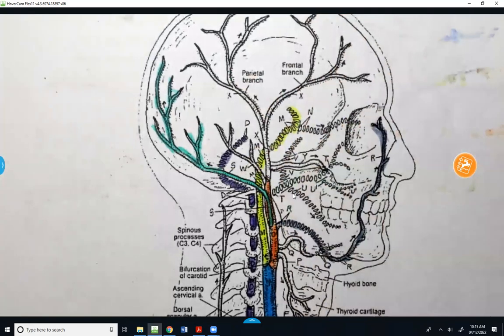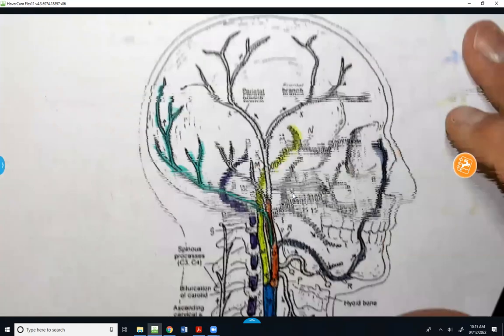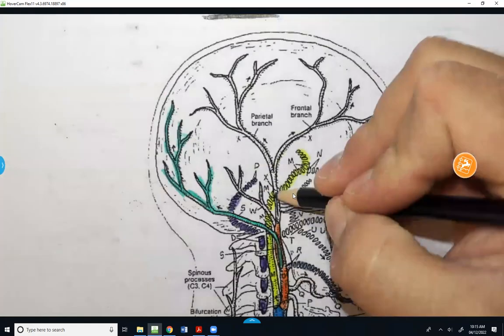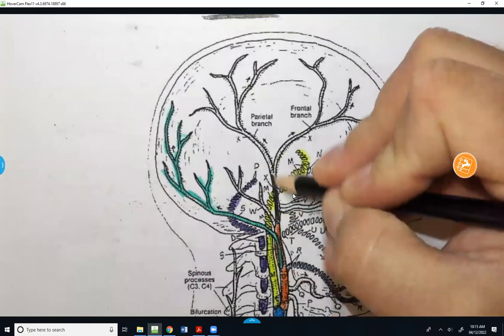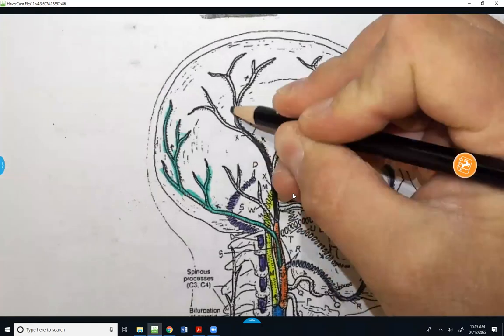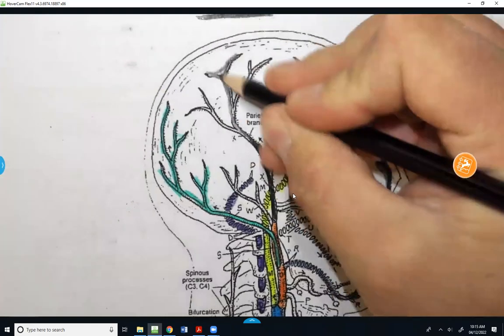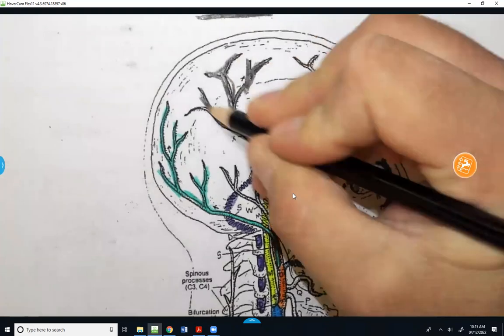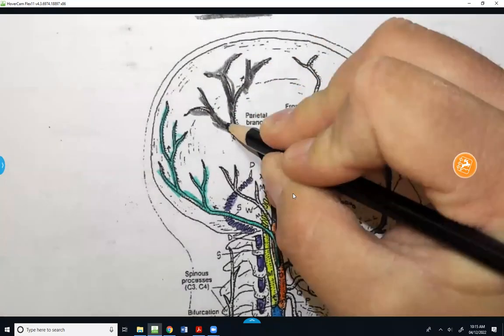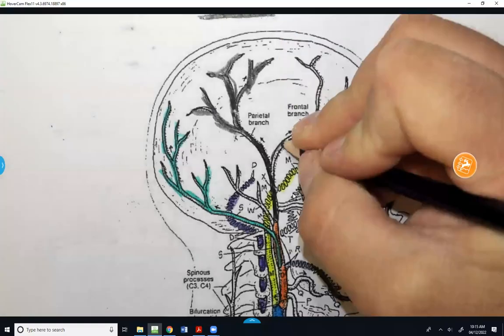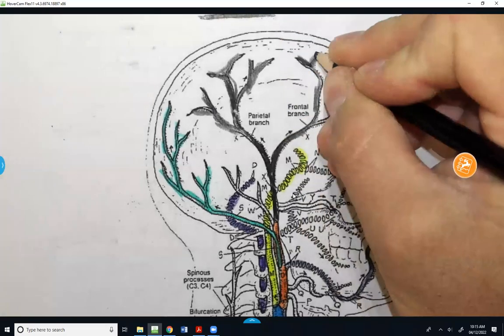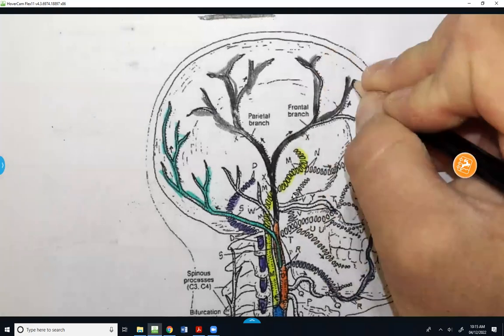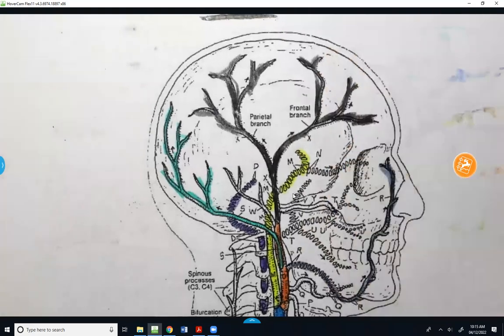And then running up the side of our head is a pretty big artery. Actually has two branches, a parietal branch and a frontal branch, like so.